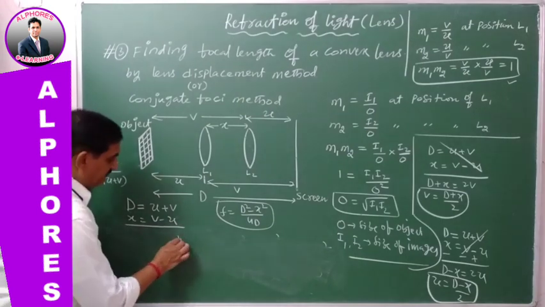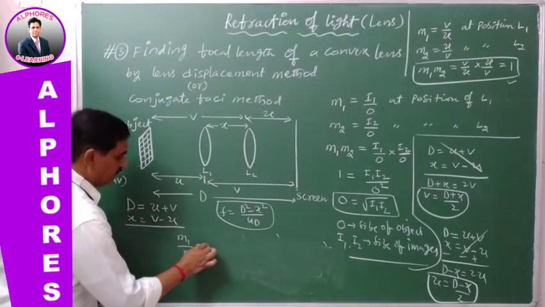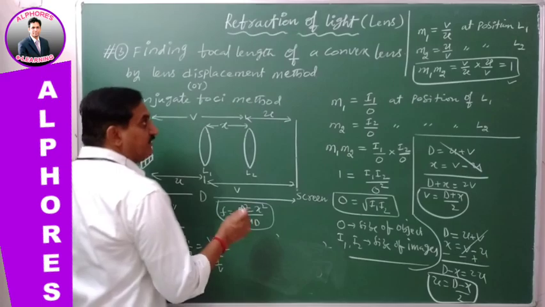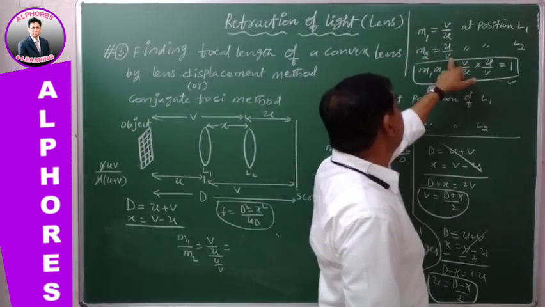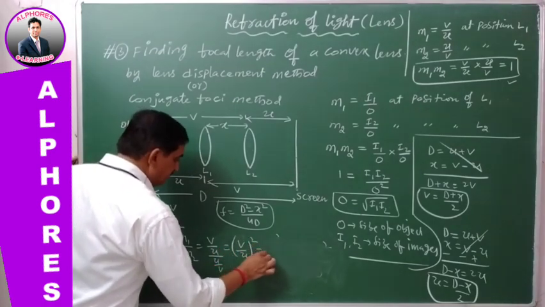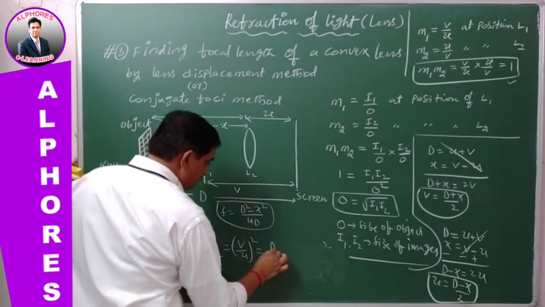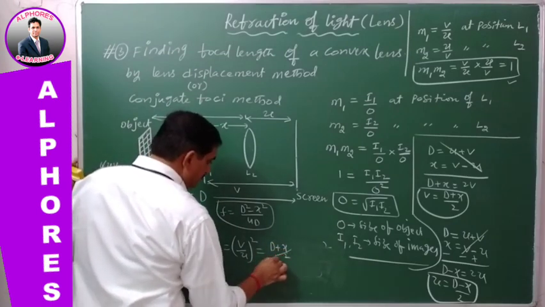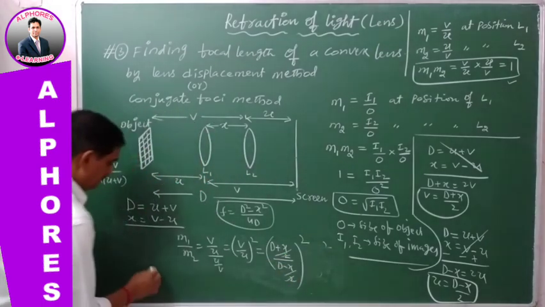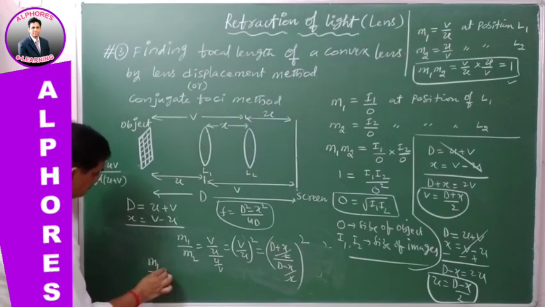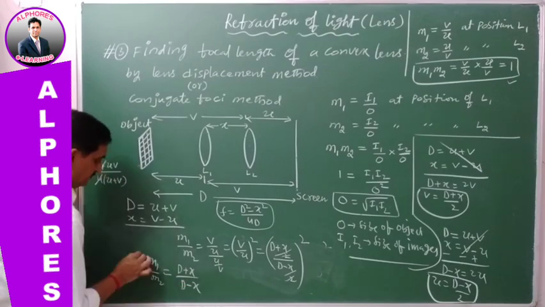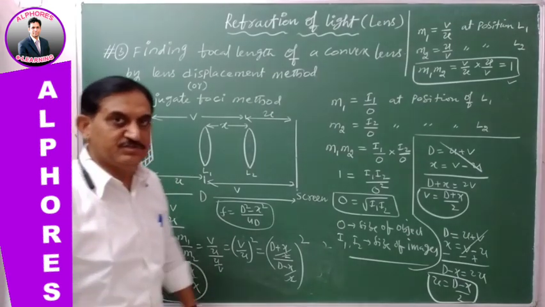M1 by M2 is equal to (V by U) by (U by V), their ratio, which gives (V by U) whole square. V is (D plus X) by 2 and U is (D minus X) by 2, whole square. So M1 by M2 is equal to (D plus X) by (D minus X). This is also one of the important relations.